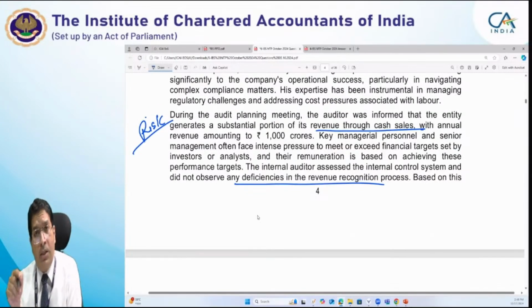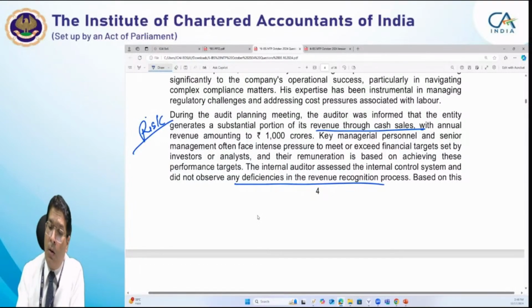If there is cash sale, there is always doubt, or there is always risk, existence of risk. But the internal auditor assessed there is a strong internal control system. Okay.